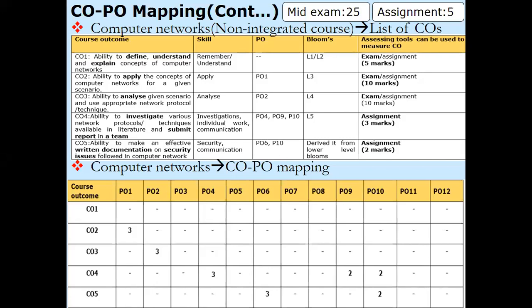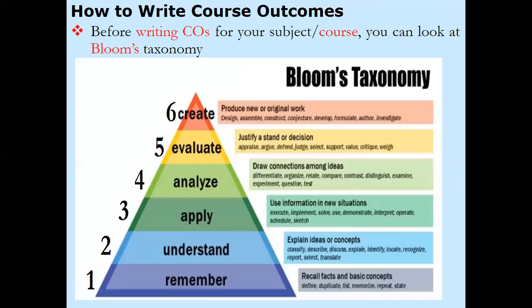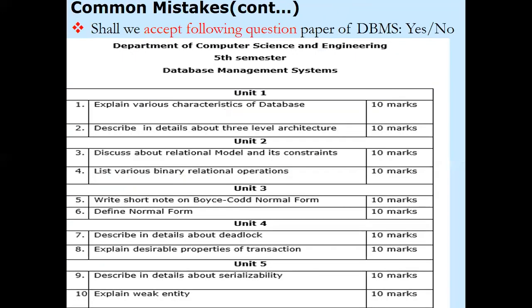Almost in all university question papers, the questions are based on level 1 and level 2 only, sir. 100% sure. That's what I'm saying. Whatever example I show you, this is a question paper from one university in Andhra.